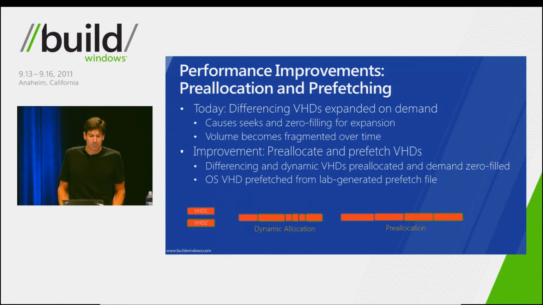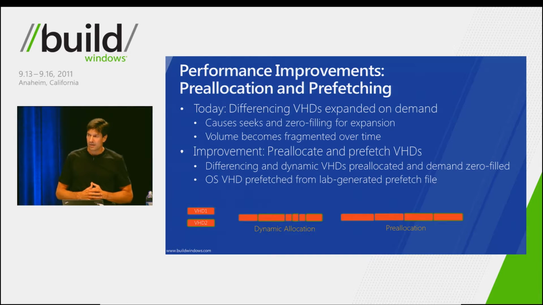But another performance improvement we're going to make is that today, this differencing VHD on top of the OS is dynamically grown. If you've got multiple VMs booting at the same time, which happens when a blade first boots, you're going to see fragmentation of the differencing VHDs.